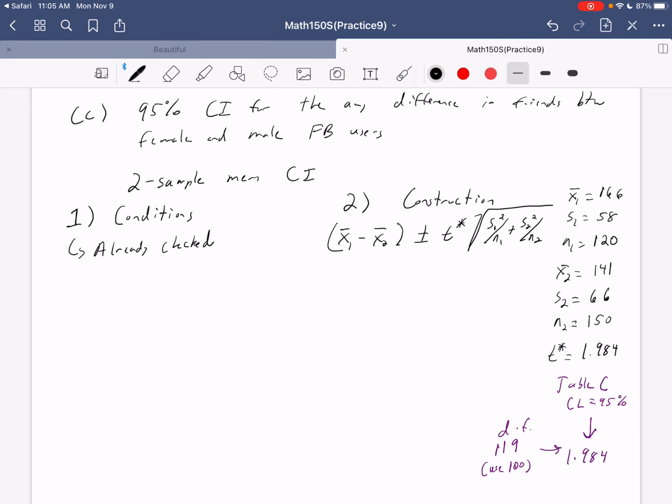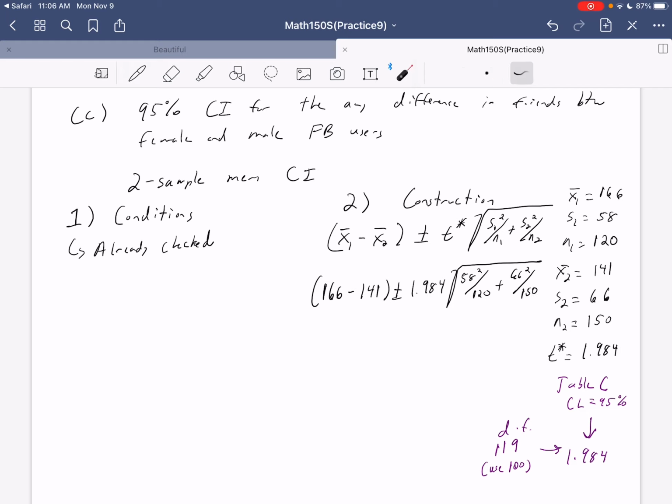All right, let's plug all this stuff in. So we have 166 minus 141 plus or minus 1.984 times the square root of 58 squared over n1, which is 120, plus 66 squared over 150.